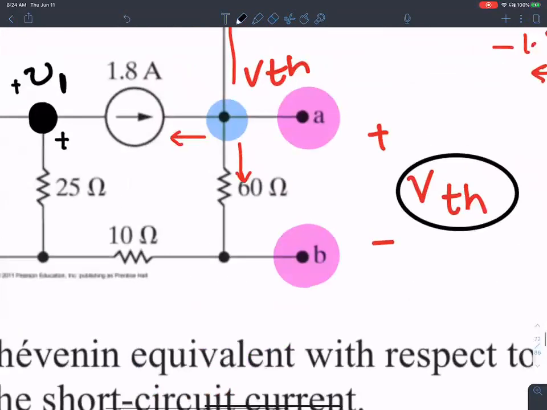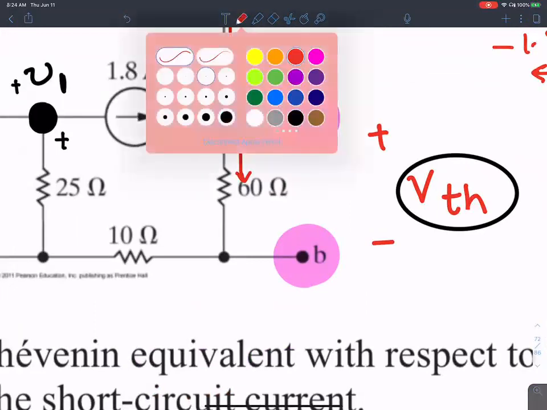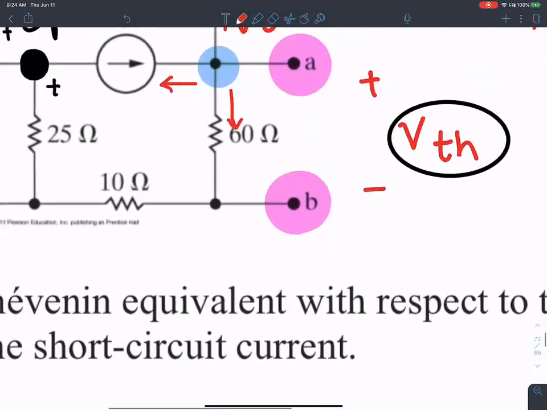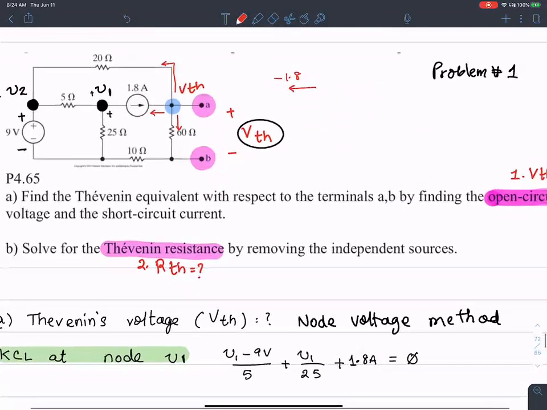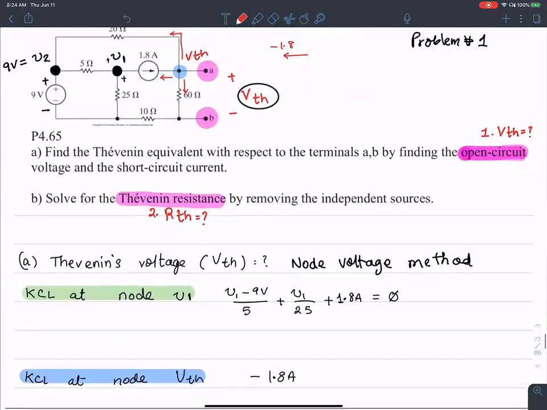But the direction that I picked is opposite to the actual direction of the current. So I'm going to account for that disparity using a negative sign, negative 1.8. So I don't have to worry about the potential difference through that branch.